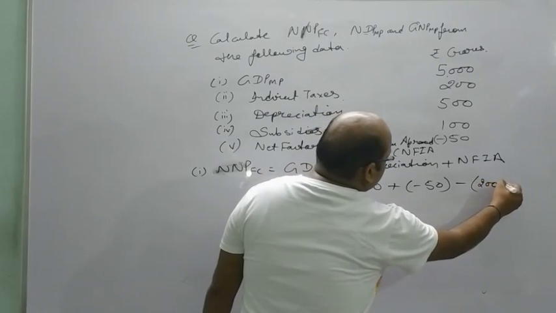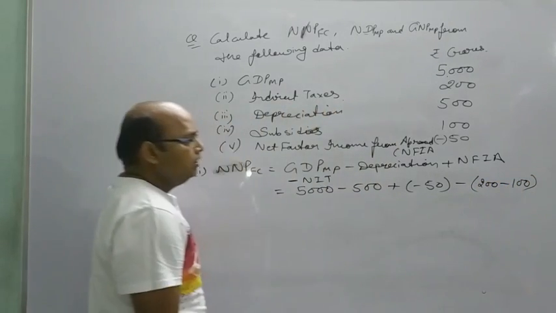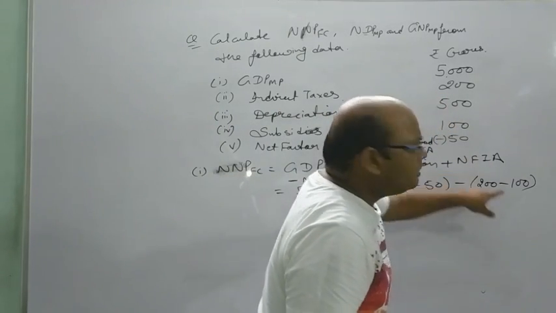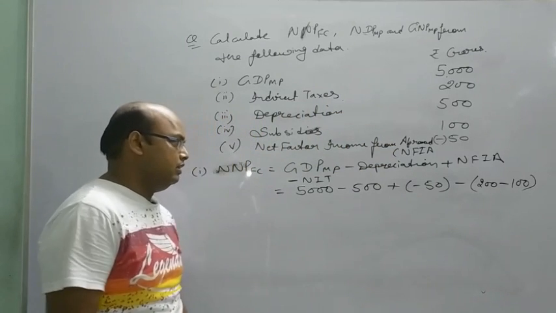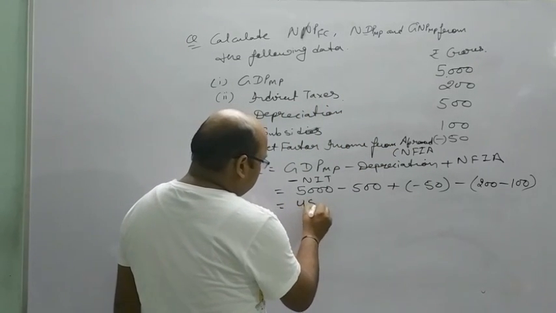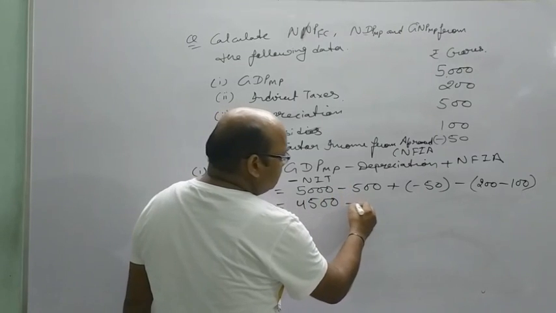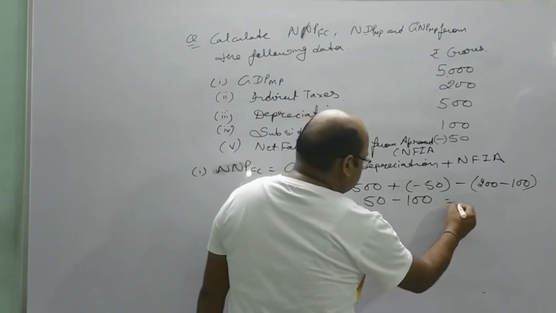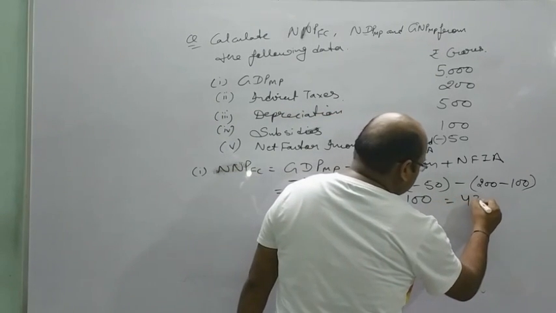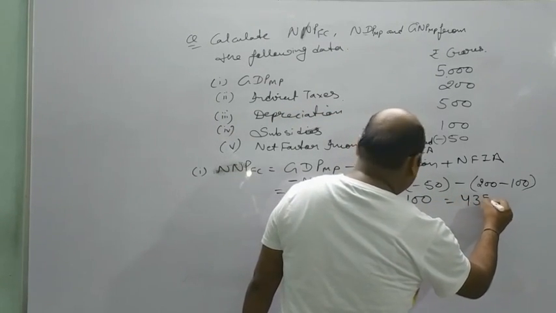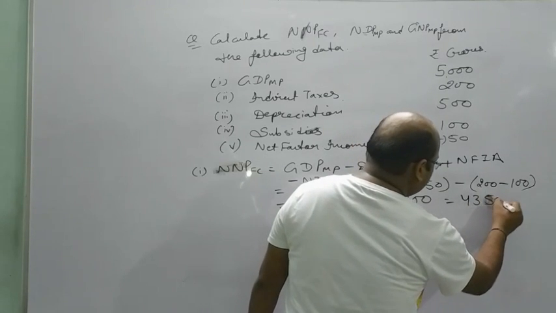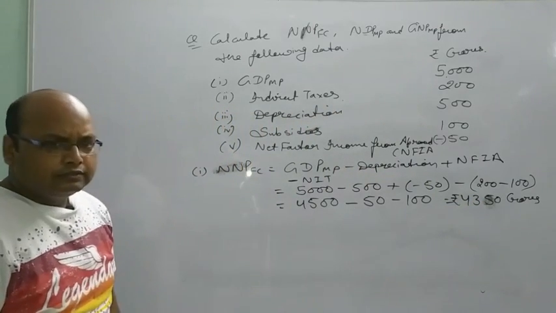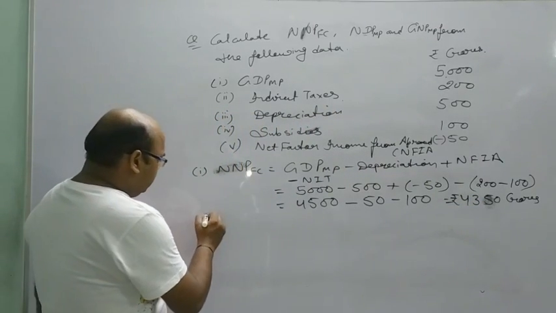Net indirect tax is indirect tax 200 minus subsidies 100. So this is 4,500 minus 50 minus 100. The answer is 4,350 crores. So this is the answer of NNPFC.